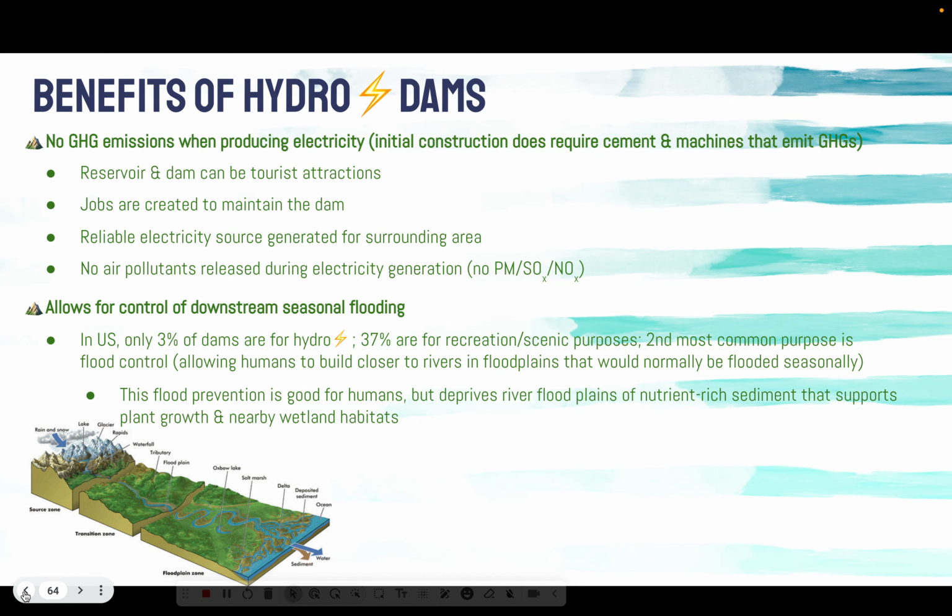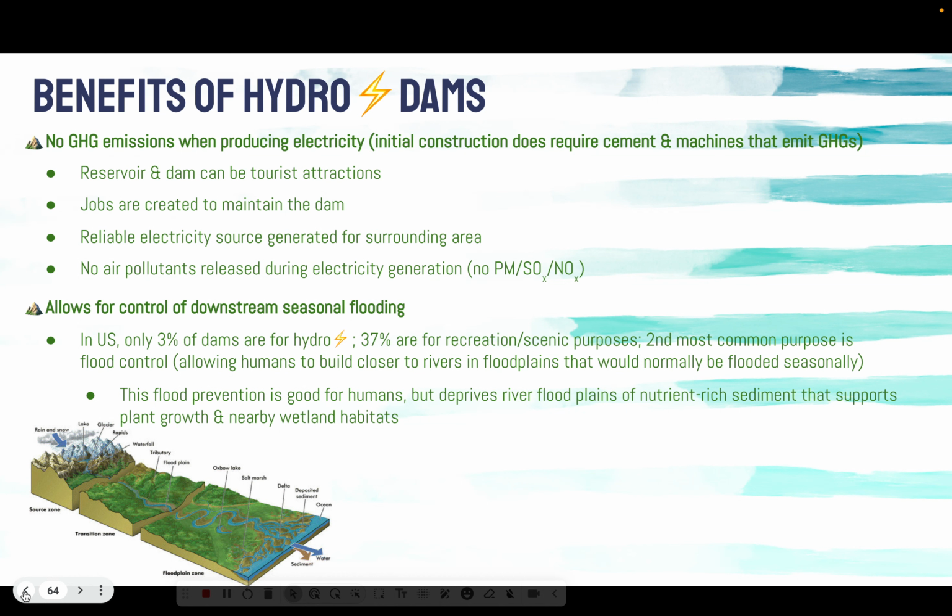They use them much more in Europe for hydroelectricity than we do. But 37% of dams are used for recreation and scenic purposes, like Geist Reservoir and Eagle Creek Reservoir. We use it for recreation as well.